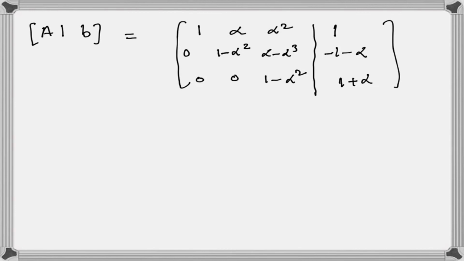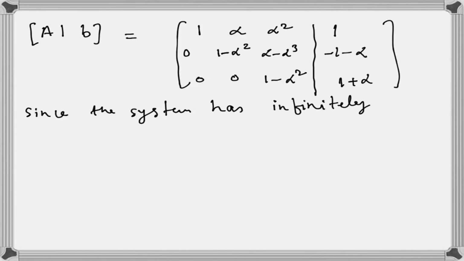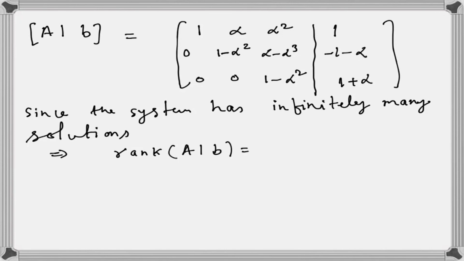Since the system has infinitely many solutions, this means that rank of A augmented B is equal to rank of A, which is less than 3.